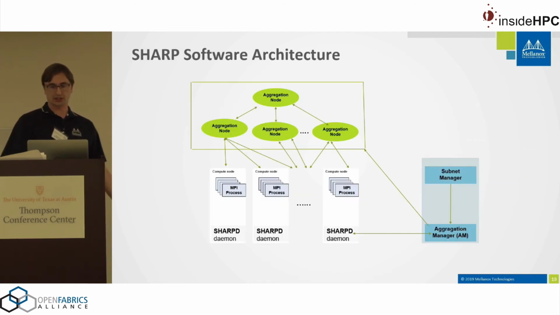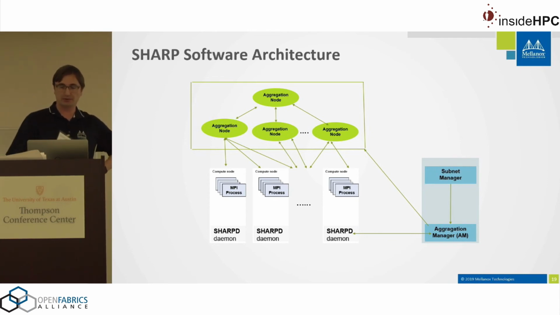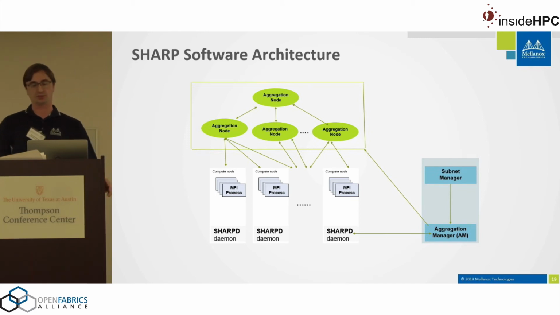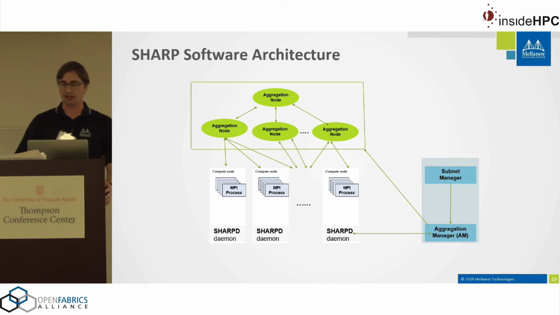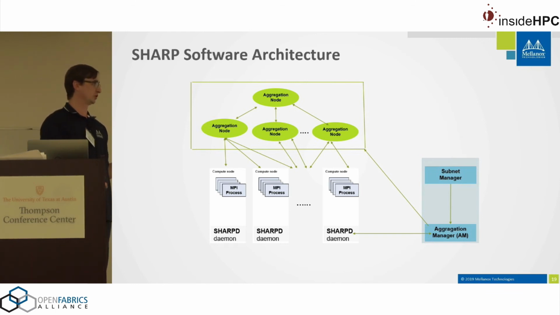Now the Sharp architecture, or the components that make it up. The key takeaway here is that in order to run Sharp, you have to have a couple of daemons running, unfortunately. One is the aggregation manager, which runs on the subnet manager and is responsible for managing Sharp resources such as group allocation, buffer allocation, etc. And then a couple of daemons on your compute nodes.